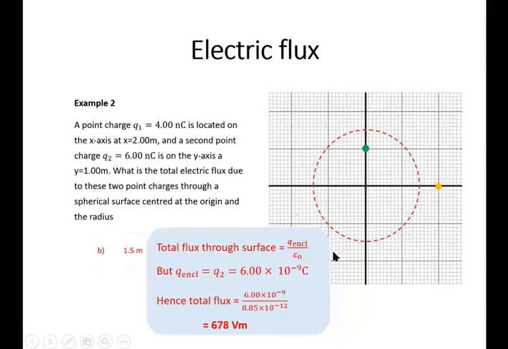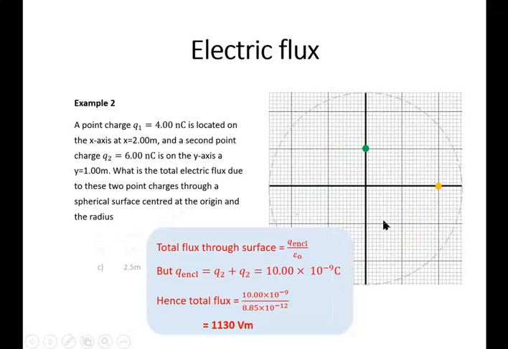So what will be the flux on the surface of the sphere? Again, from Gauss's law, it will simply be the charge enclosed divided by epsilon naught, and the charge enclosed is 6 nanocoulomb. Straight away.